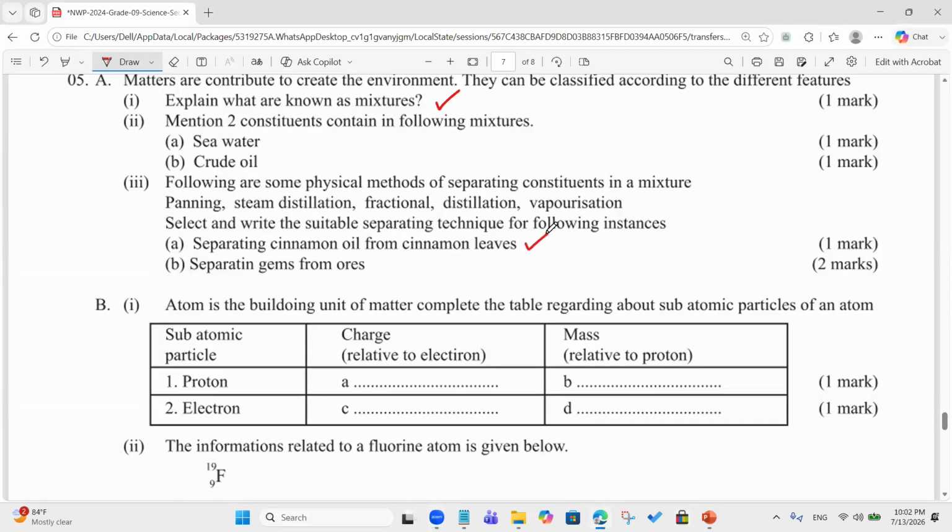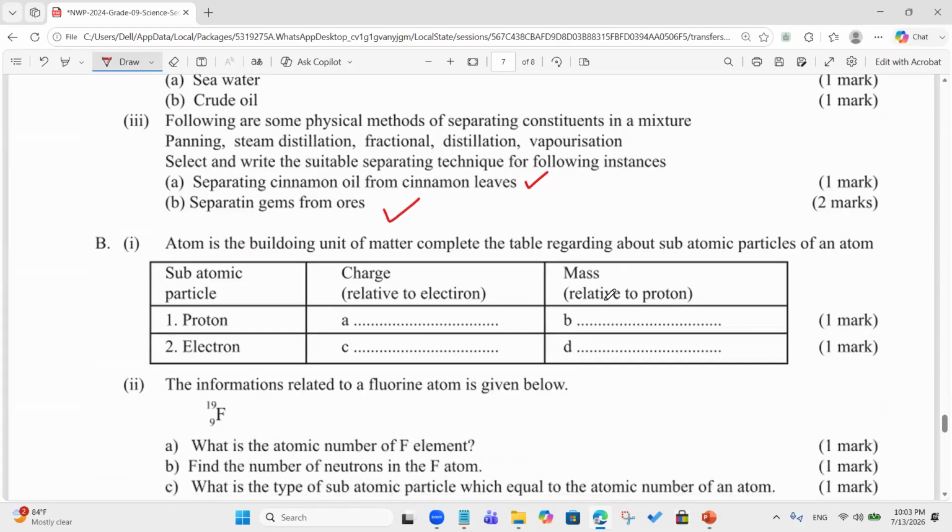Steam distillation, very good, right? Then the second one, separating gems from ores. Panning. Yeah, panning, okay. Panning will be okay, right? Panning is the one which is given, no? Right, take 2 marks, 1 for each. Only 1 mark for both, 1.